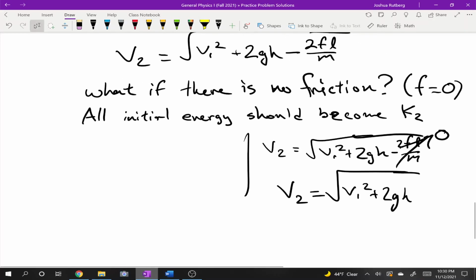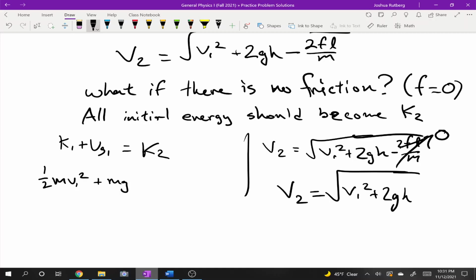And now let's look at what this should be. So we said that all of the initial energy, so K1 plus UG1, is equal to K2. So 1/2 mv1 squared plus mgh, I'm just going to use h here, is equal to 1/2 mv2 squared. And I can solve this for v2, and I should get this.